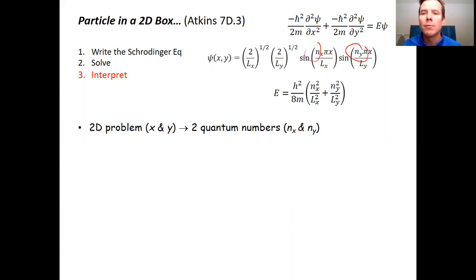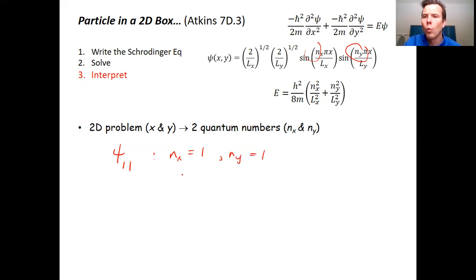And those two quantum numbers arise from the boundary condition in the X and Y dimension, that the wave function goes to 0 at the edges of the box. The way we typically write this would be something like psi sub 1, 1. If you see that kind of notation, that means nx equals 1 and ny equals 1.